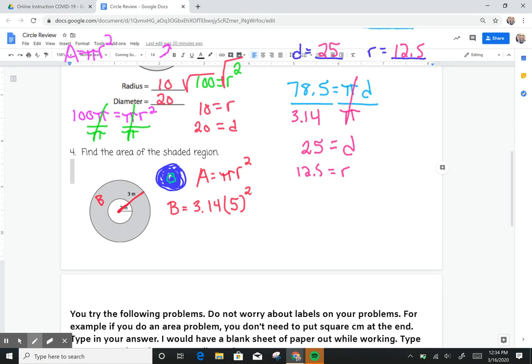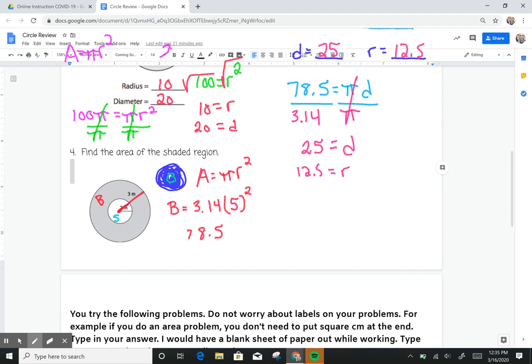So I'm going to do 3.14 times 5 squared, which, let's see what we get. We get 78.5. So I'm just going to double check that. 3.14 times 5 times 5. So you get 78.5. So now I've got to find the area of a smaller circle.